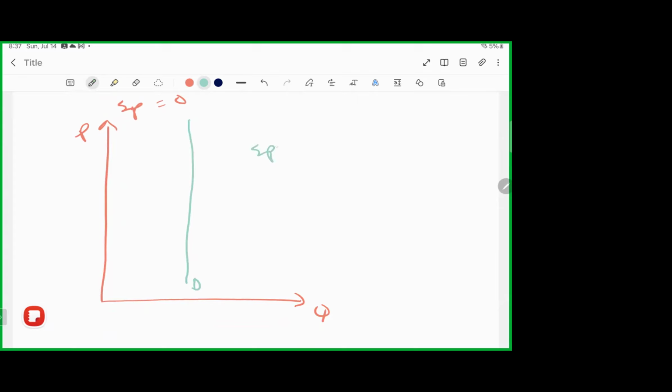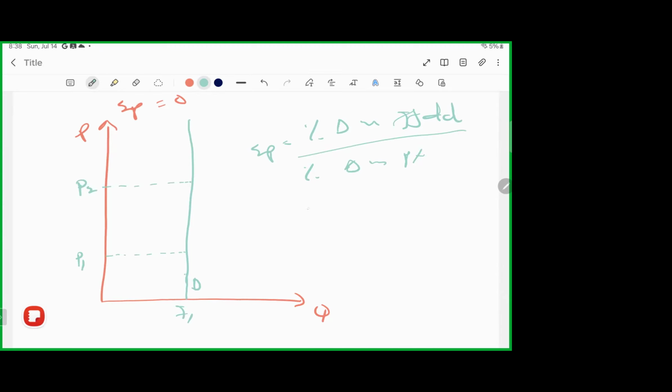Remember, our price elasticity is percentage change in quantity demanded all over percentage change in price. In this particular case, this is the price at P1. What is the quantity demanded? It is Q1. Now they have increased price to P2. How much will you demand? It's the same quantity that you will demand.